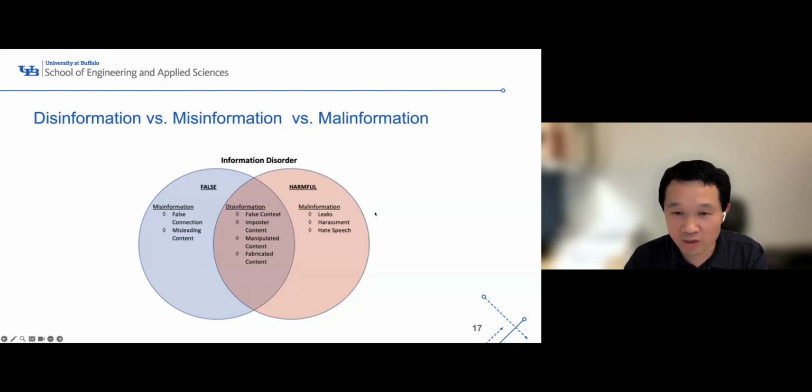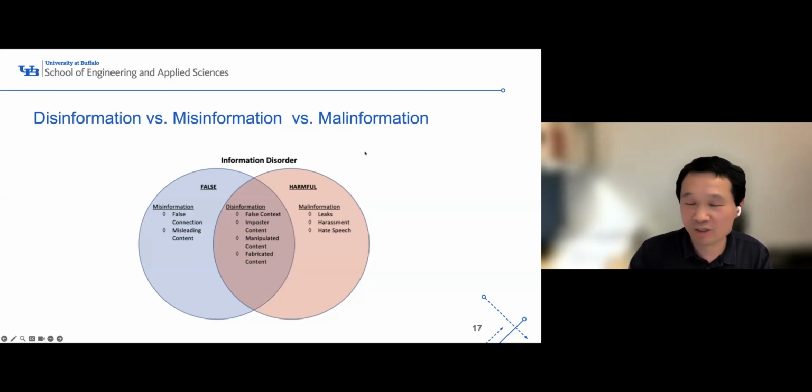Malinformation, like hate speech and harassment, can also be generated with deep learning and machine learning. But we can also use machine learning technology to detect hate speech and malinformation. So deep learning can help us detect those kinds of information.